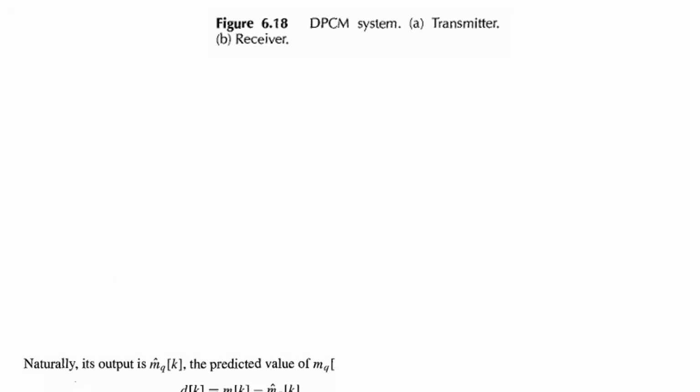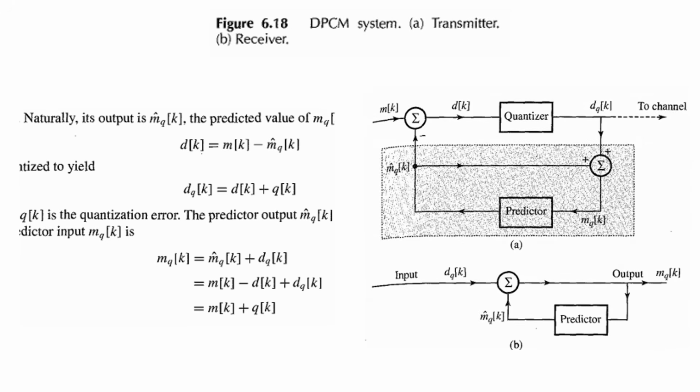So in the DPCM transmitter and receiver here, you can find the noise also. Here d q is equal to d k plus q of k, and the output predicted m dash k you can get from here. And here is a predictor which will predict.